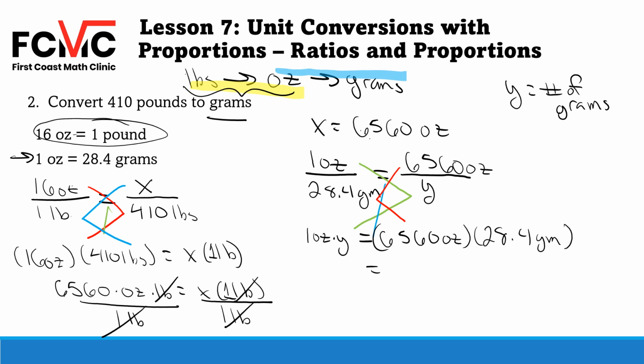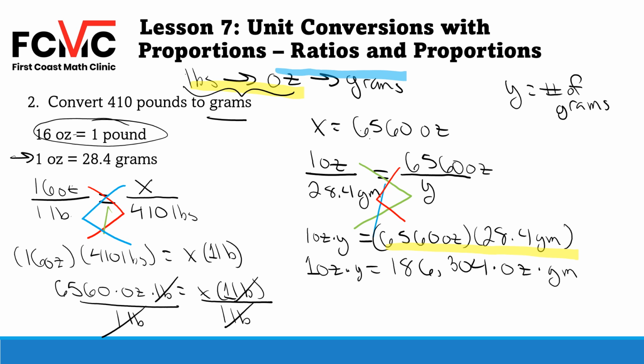So now we multiply the values on the right. We get 186,304. And again, I'm just going to add in the labels, times ounces times grams. Equals 1 ounce times y.